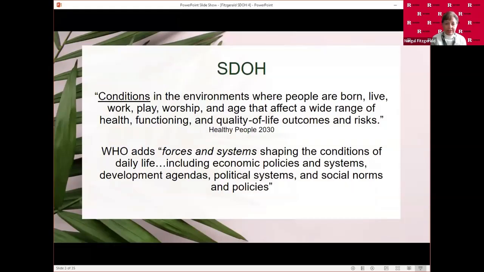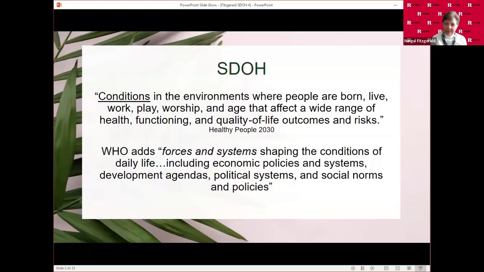And these conditions affect a wide range of health functioning and quality of life outcomes and risks. As we can see in this definition, the focus is on the conditions in our environments and leading to those health outcomes that are very important in everybody's lives.